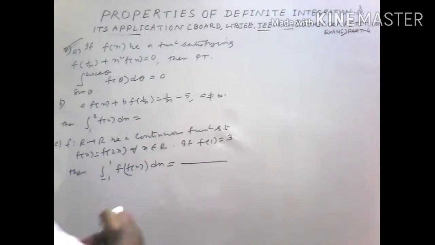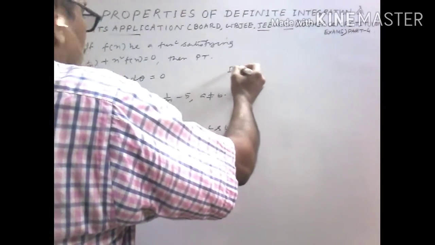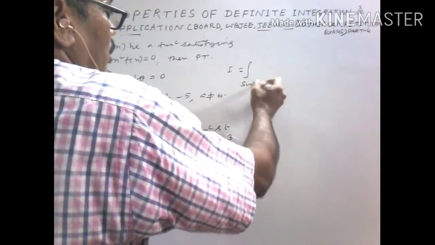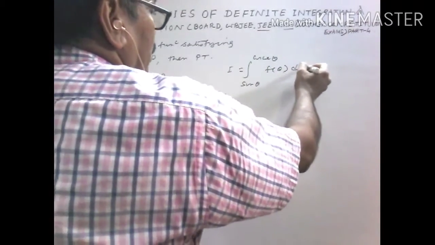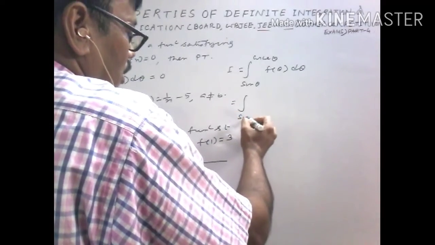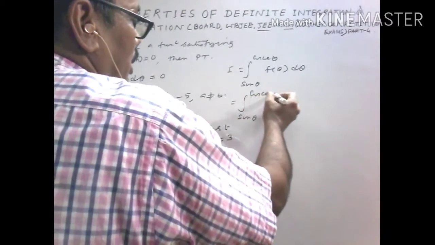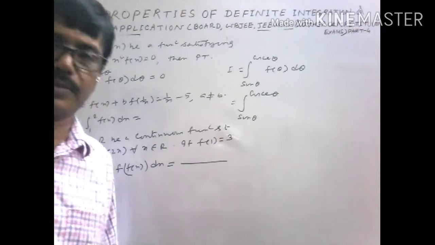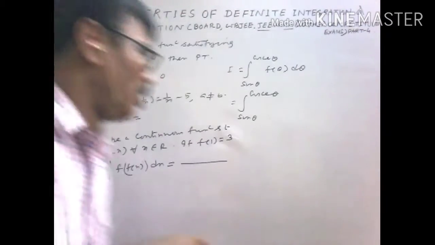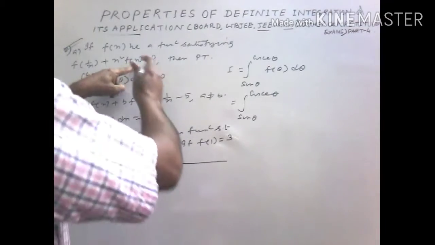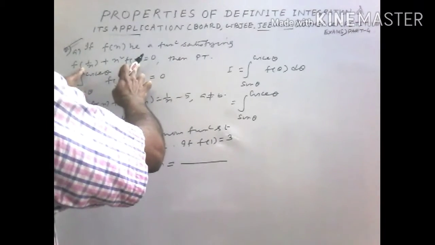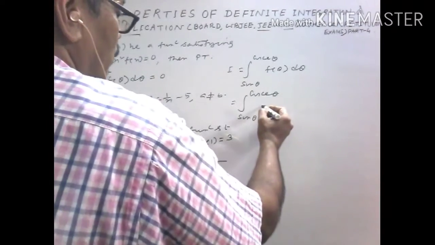So consider problem number 1. Write I equals the integral from sin theta to cosec theta of f(theta) d theta. Look, what is f(theta)? f(x) is minus 1 by x square f(1 by x).